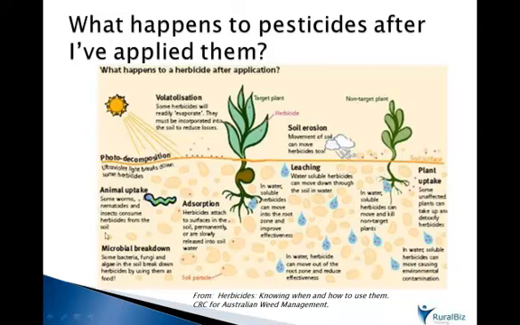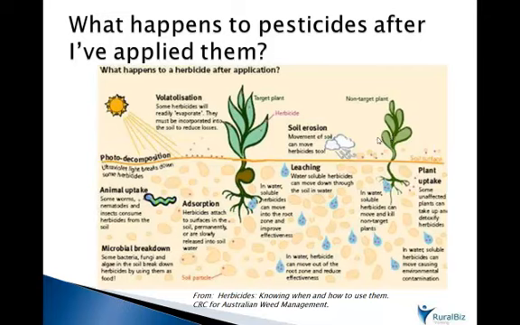Some of it's broken down by microbes in the soil or taken up by animal life in the soil, such as earthworms. Luckily, some of it at least is taken up by the weed that you're trying to control. Of course, it may also get onto plants that you weren't intending to hit.